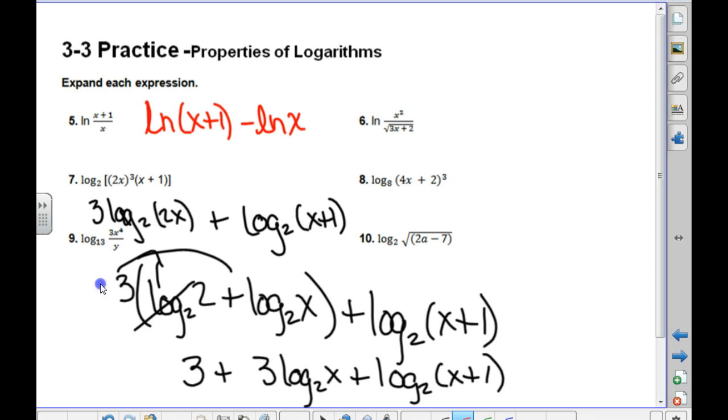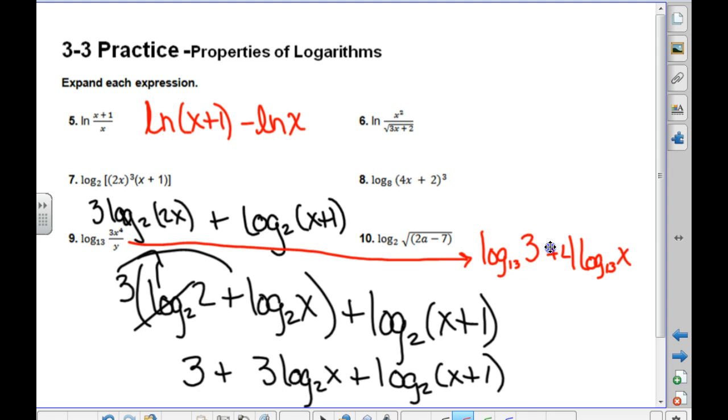Bryce, can you try number 9? What did you do? What do you have down? Good job.